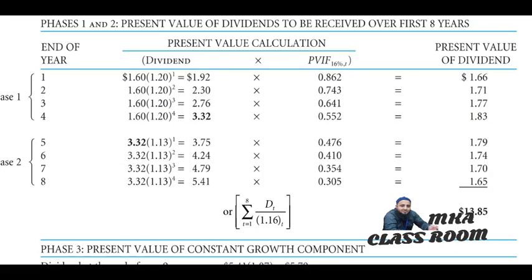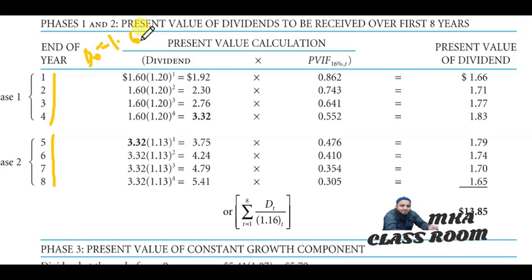Here you will see the first phase and second phase, these are 8 years. The first phase is for years 1 to 4, and the second phase is also 4 years, years 5 to 8. So in the first phase our dividend, that is D naught, is 1.6, and that should be increased by 20% each year.